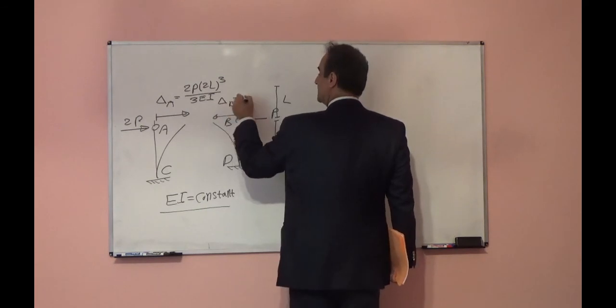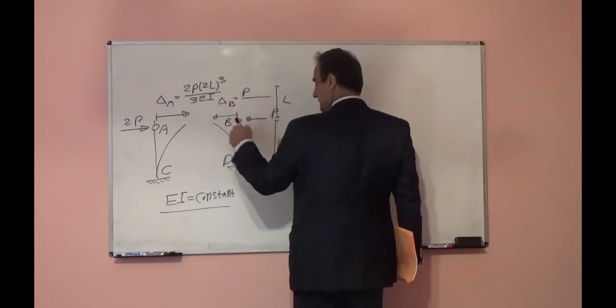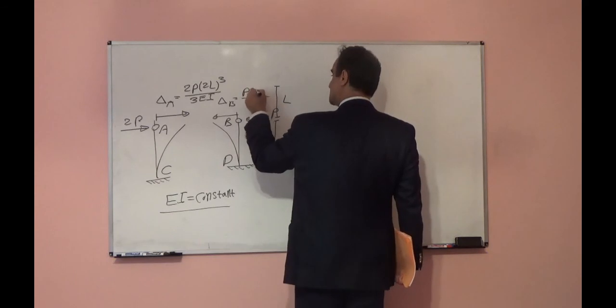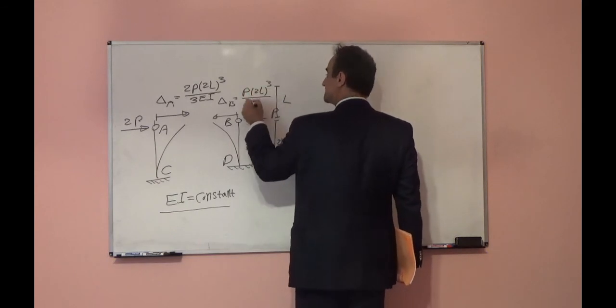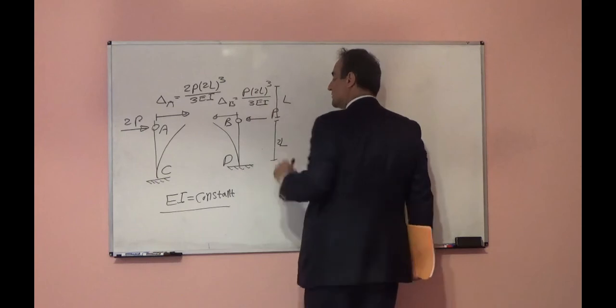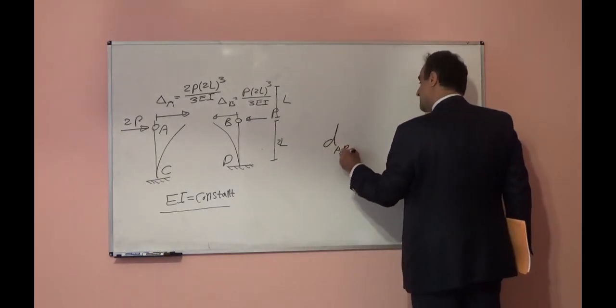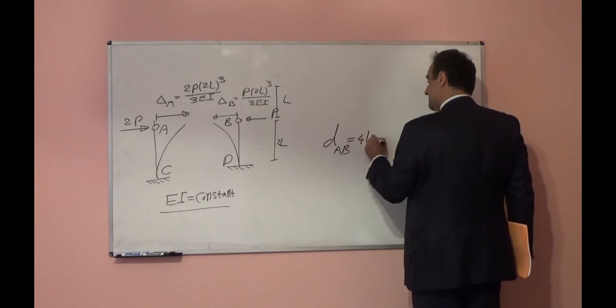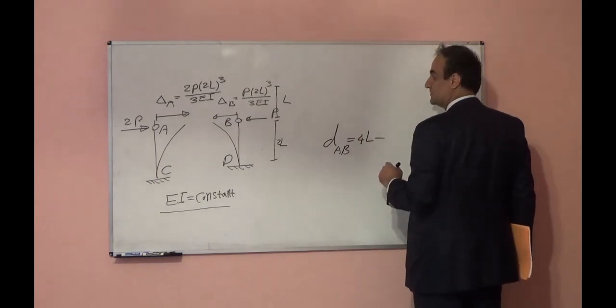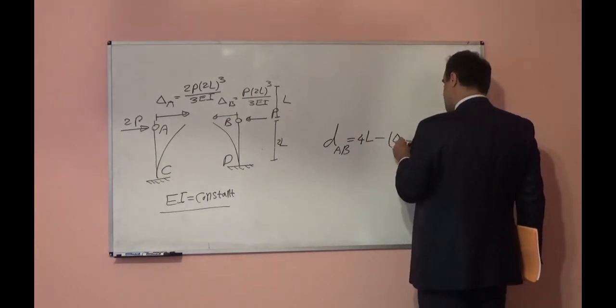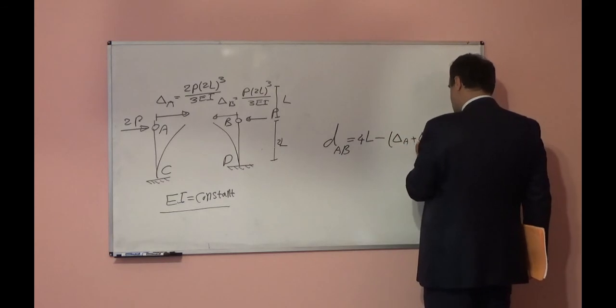Delta B will be load P times the length of the beam, 2L, cubed over 3EI. Initially the distance from A to B was 4L. Now the distance will be 4L minus delta A plus delta B.